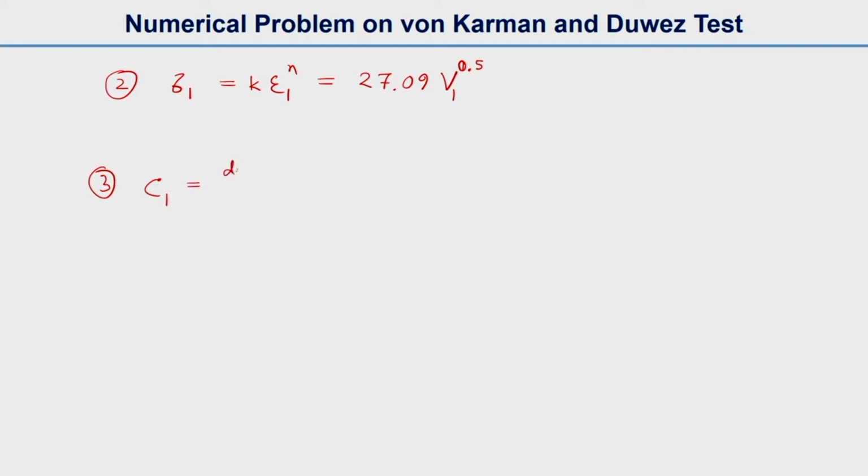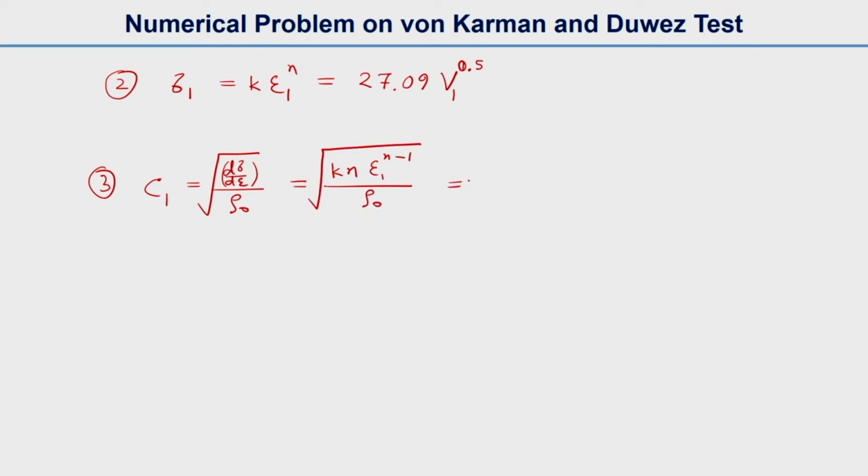So the plastic wave velocity is the square root of the derivative of sigma with respect to epsilon divided by rho naught. Taking n and k, after differentiation we get n epsilon 1 to the power n minus 1, over rho naught.